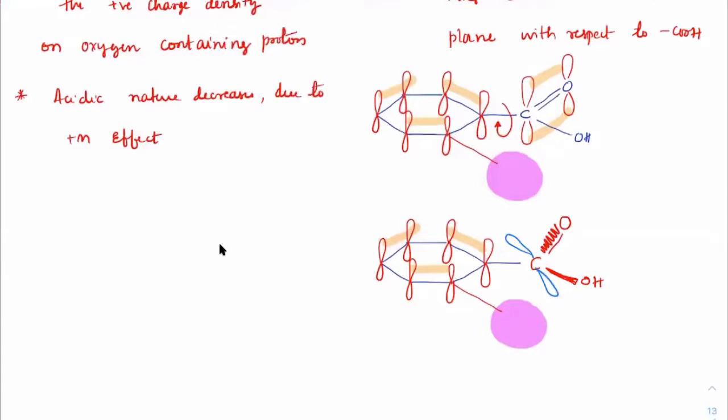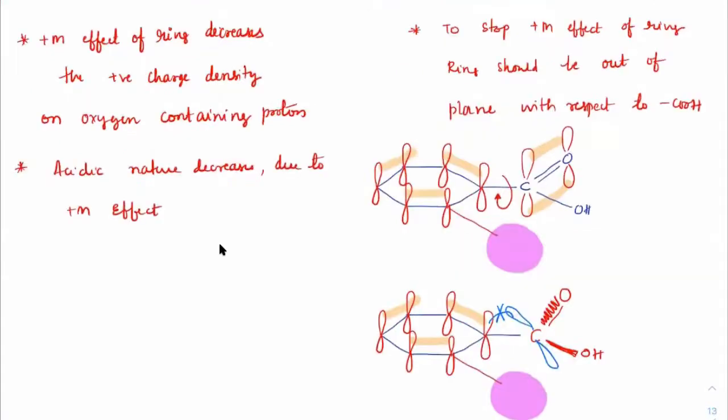So what happens? The resonance will completely stop. This bulky group is able to make this COOH rotate just to avoid the van der Waals repulsions, which resultantly makes this plus M effect of benzene stop, because now there is no parallel orbital.